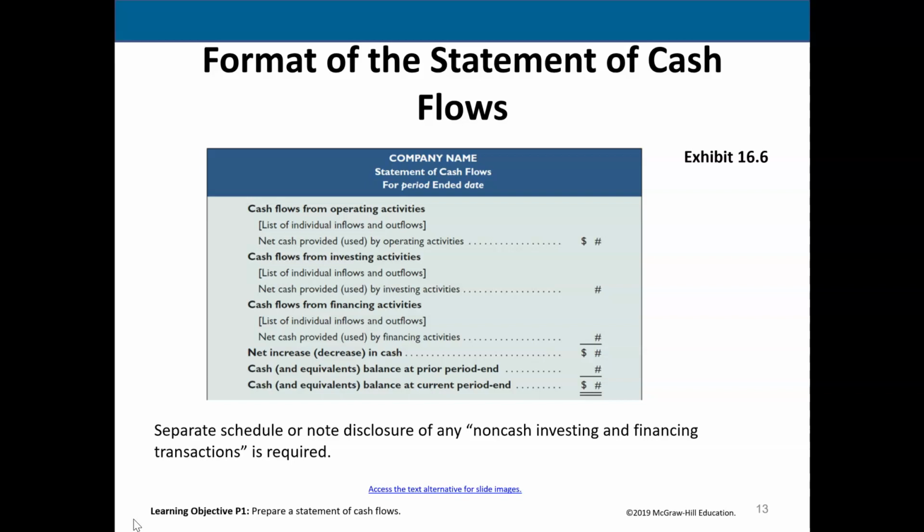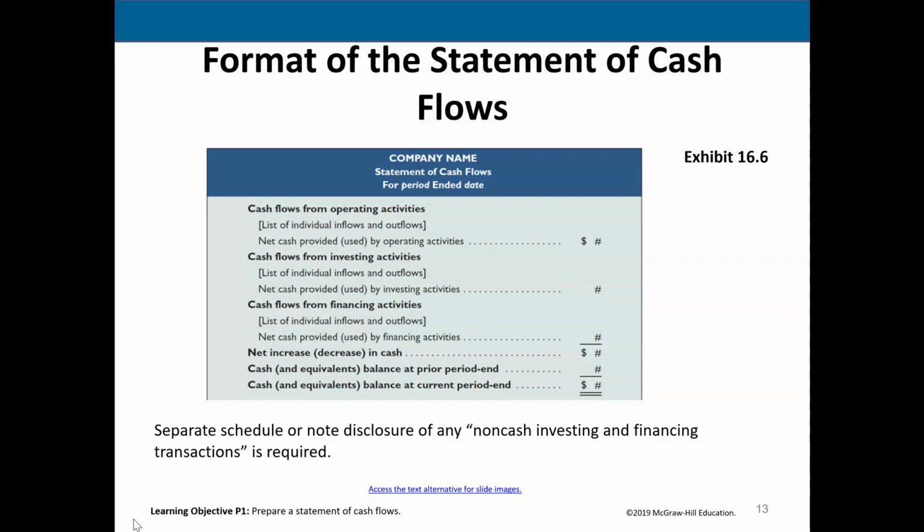That is considered net cash used by operating activities. In the investing section, you'll list individually any of the inflows and the outflows. And again, if the inflows are more, you will have net cash provided. If the outflows are more, you will have net cash used.